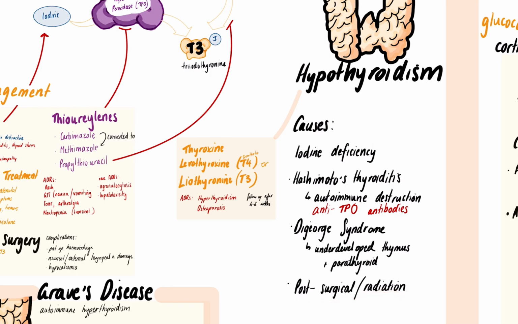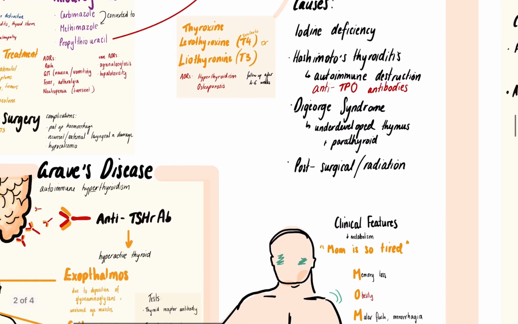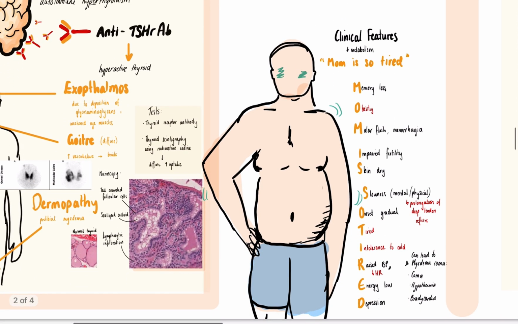So if you had hyperthyroidism and you get surgery to remove the nodule, you can get hypothyroidism post-surgery. And so the clinical features of hypothyroidism are those that would be reflected in a person with decreased metabolism.